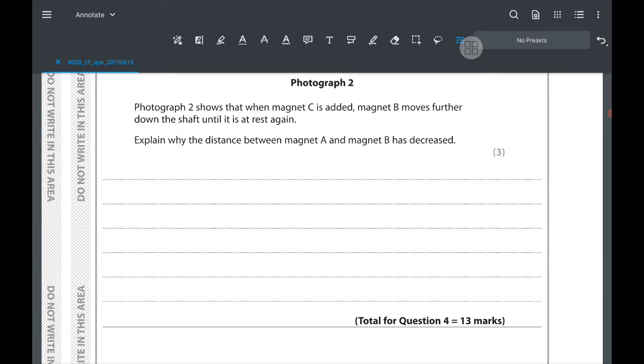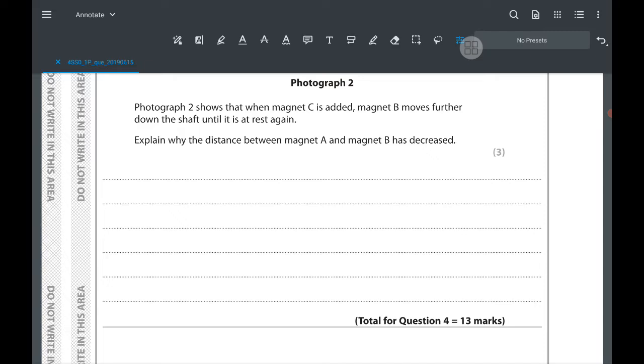So we can understand when you keep magnet B and C like that, once again those two are also repelling each other just like magnet A and B. And when the magnet C is added, due to that reason, there will be some magnetic force applied downwards. That means the resultant force will be downwards, so that magnet B will start moving a little bit downwards.